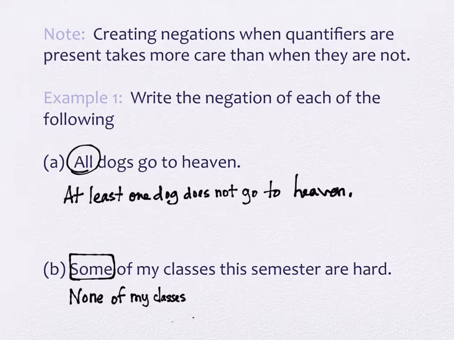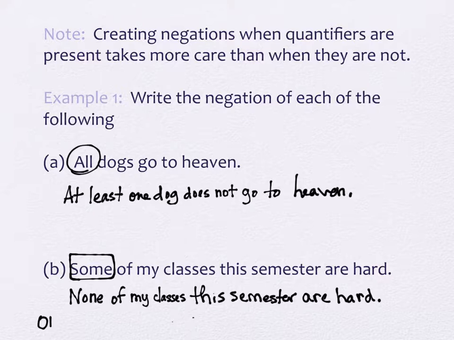So I don't ever actually have to change the rest of the statement because I kind of negated the word at the beginning to some degree, right? Some turned into none. I've got a negation to the fact that it says none. So none of my classes this semester are hard. Okay, so this is one way of doing the negation here.